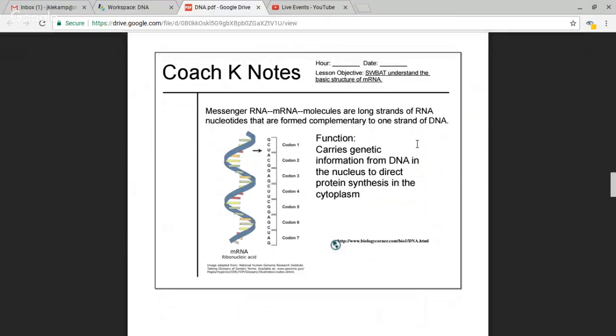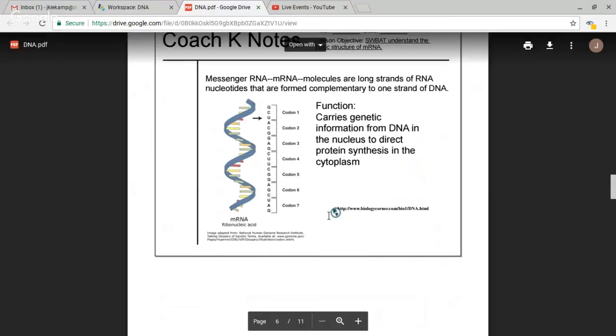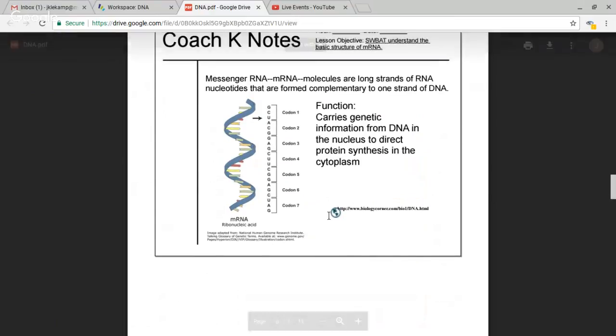Now, the big difference between the nitrogen bases in DNA and RNA, instead of thymine, we have a base called uracil. So uracil matches up with adenine. So when we talk about RNA transcription, when we are going to transcribe or write a line of messenger RNA, which happens in the nucleus as the DNA splits, we are going to put in the nitrogen base uracil instead of thymine.